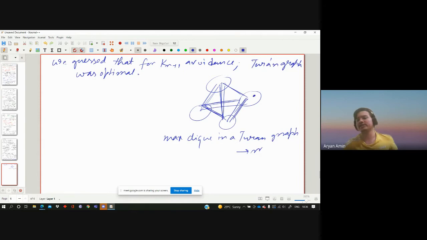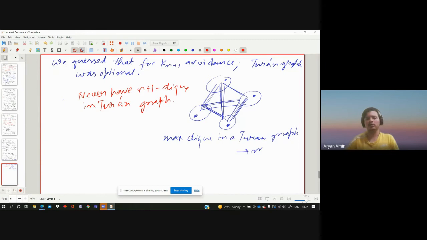Take a vertex here, take a vertex here, they're connected because it's complete, take a vertex here, again connected, and take a vertex here. So you can never have an R+1 clique in a Turan graph. Convince yourselves that this is true. Maybe draw out a few, it might help.